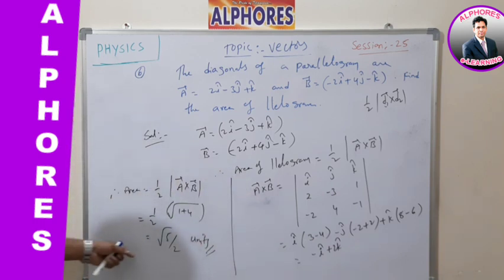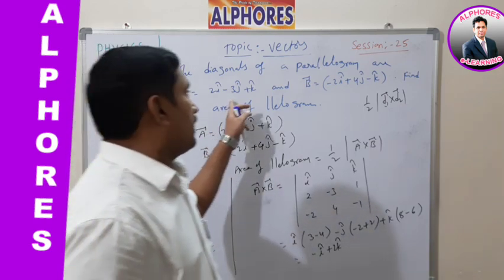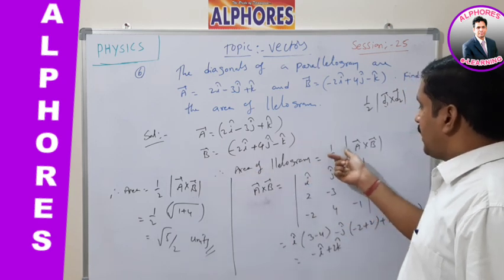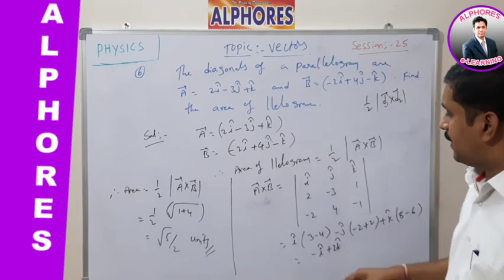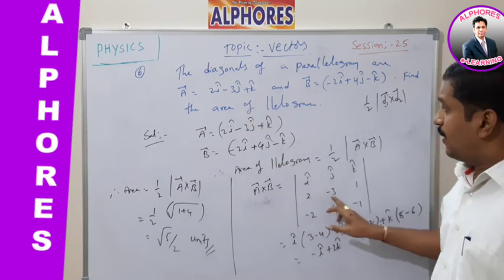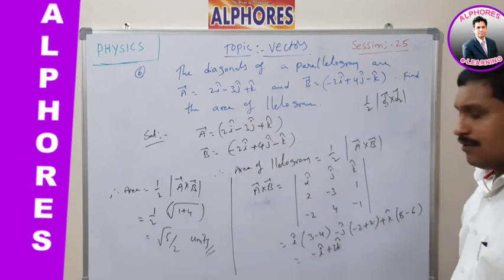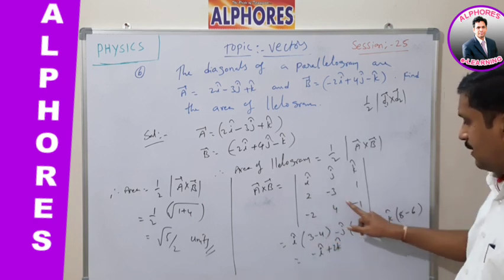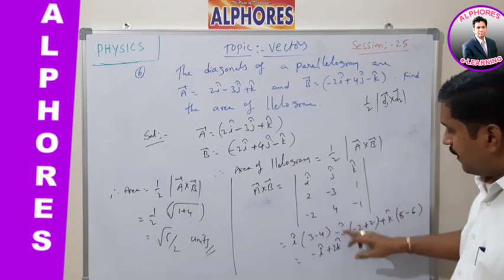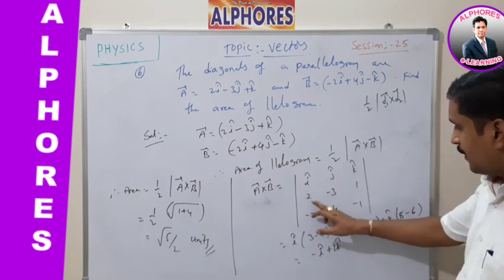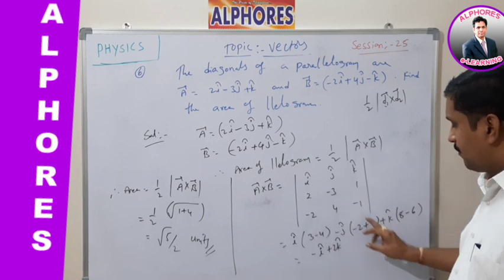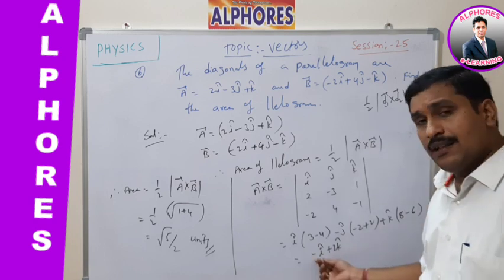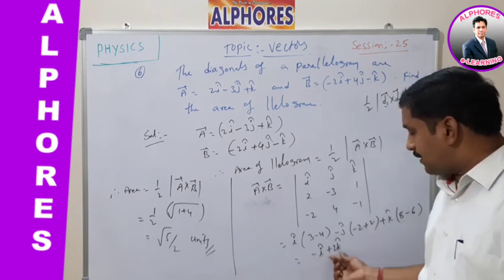Please all of you note down this problem. If you know two vectors as the diagonals of a parallelogram, this is the method. As per this formula, the area of the parallelogram is half the magnitude of a bar cross b bar. With 2, -3, 1 and -2, 4, -1, we get -3 into -1 is 3, 3 minus 4, minus j cap into (-2 plus 2), and 8 minus 6. That gives minus i cap plus 2k cap.